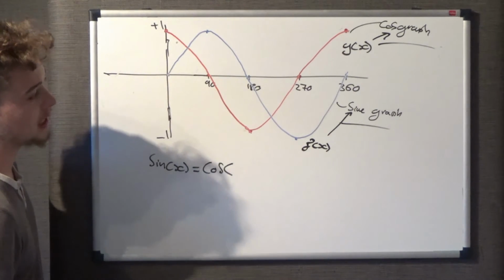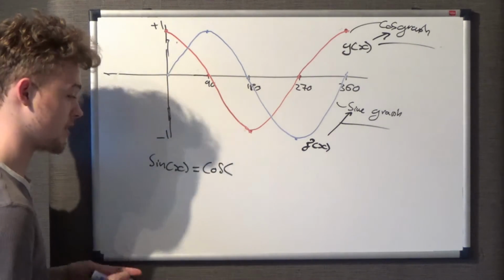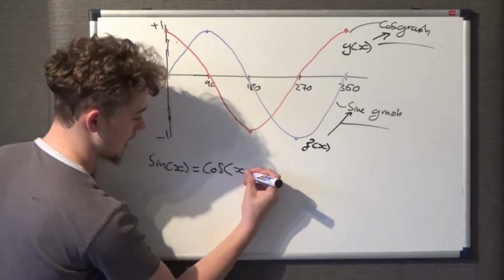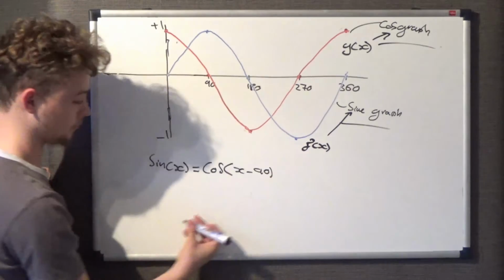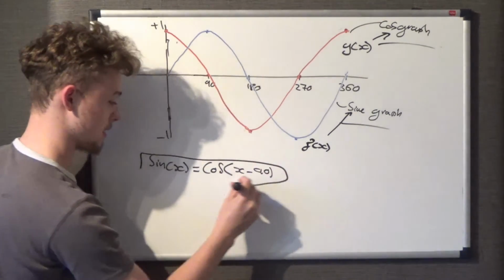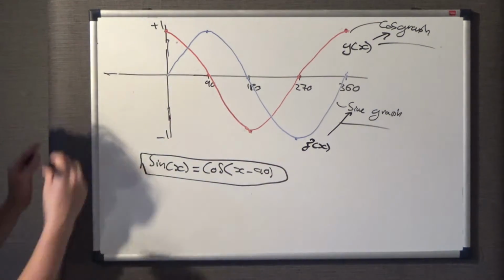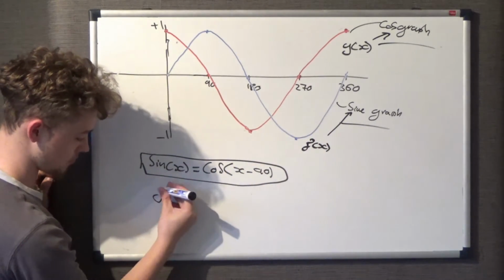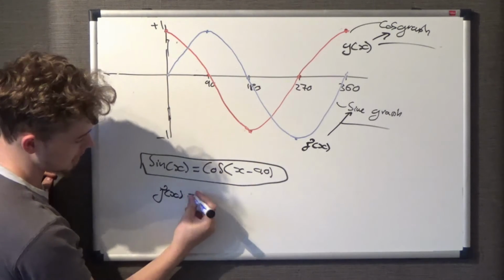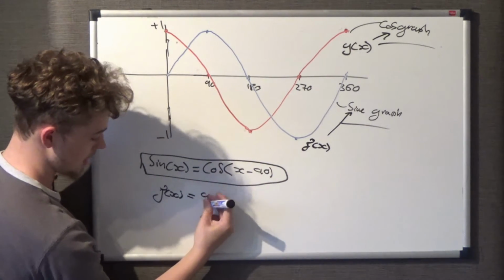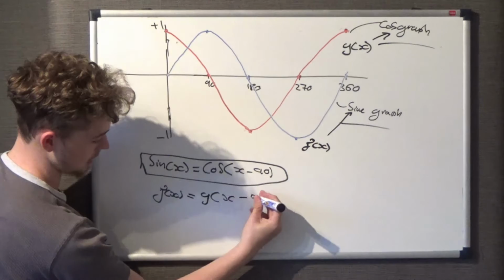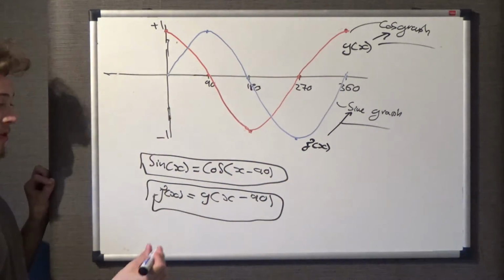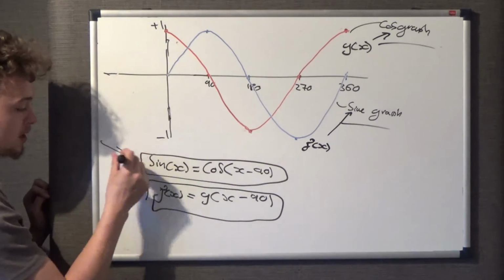We represent a shift to the right as x minus 90. That is a key relationship you need to be aware of. In terms of f of x and g of x, f of x is sin x and g of x is cos x, so f of x is g of x take 90. They both mean the same thing, but I wrote them slightly differently. This is the key principle here.